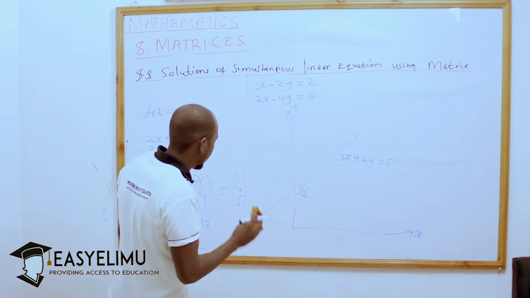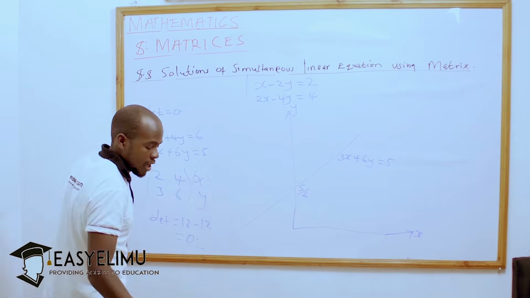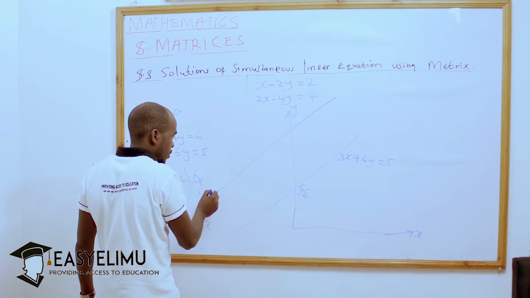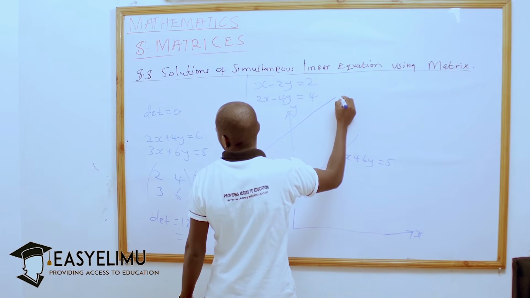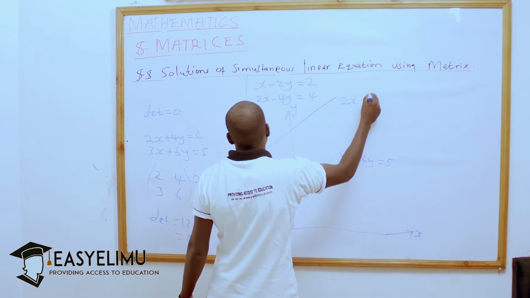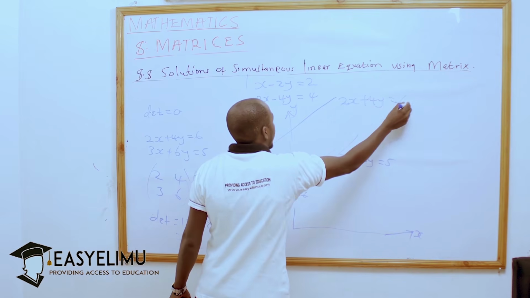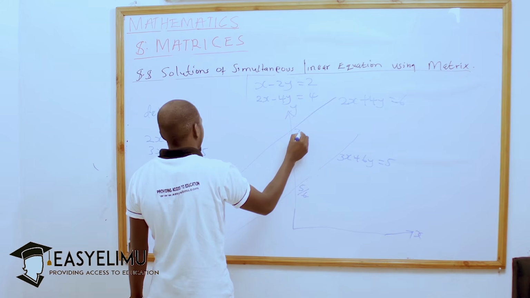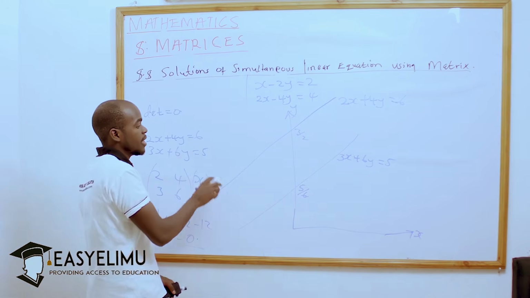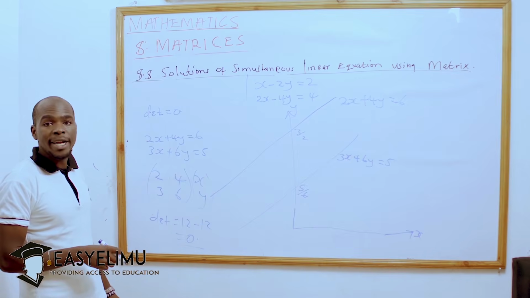So you will find it is cutting at approximately this point here. This is the equation 2x plus 4y equals 6, and this point here is 3 over 2 or 6 over 4. So we can find that the two equations are parallel to each other.